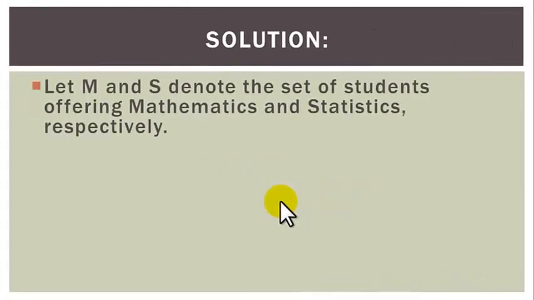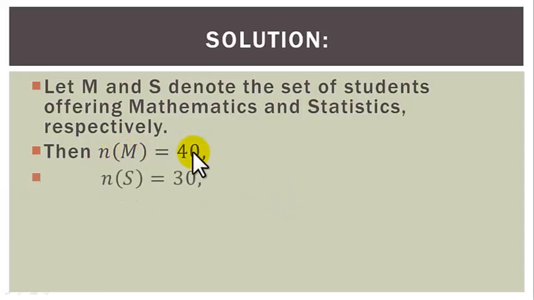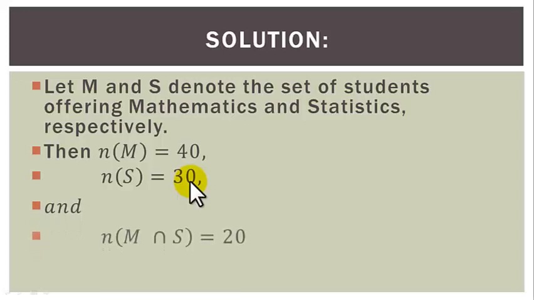Let M and S denote the set of students offering mathematics and statistics respectively. Then, the number of students offering mathematics is equal to 40, the number offering statistics is equal to 30, and the number offering both maths and statistics is equal to 20.